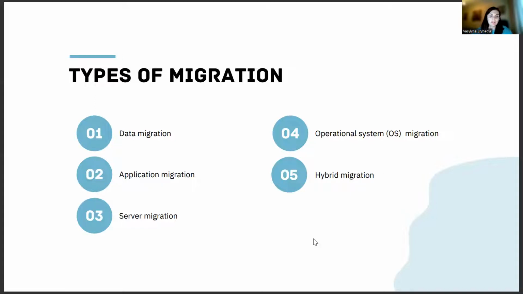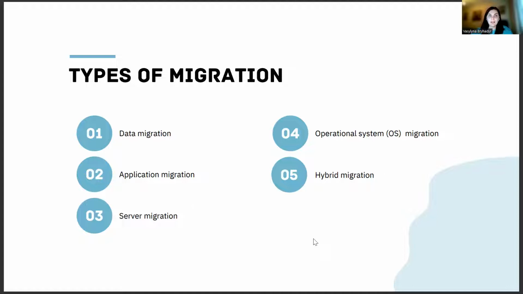The third type is server migration, where we move server data and server configuration from one server to another one. For example, we can migrate from Windows to a mainframe server, and so on, depending on our business needs.